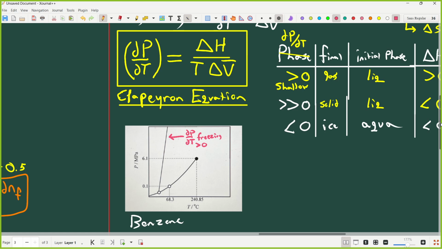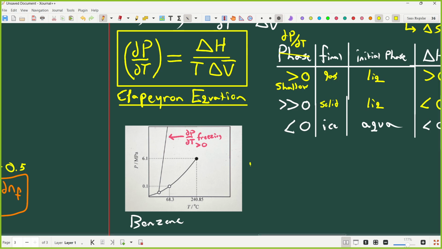So this would look like 1 over T. You would expect that the slope of this curve would start to go this way, because delta H over delta V is getting small relative to 1 over T, and 1 over T dominates, and so the slope should start going to 0 for large T. But it doesn't. It increases. The second derivative is positive, not negative here.